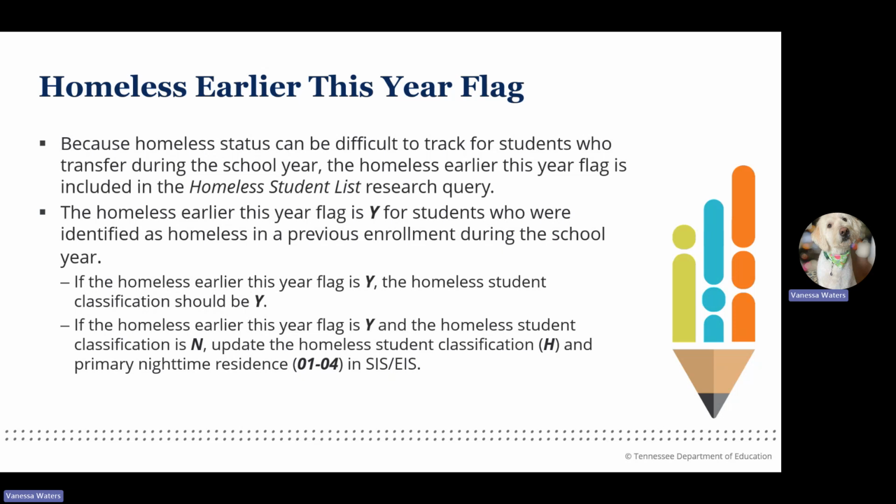If the homeless earlier this year flag is Y, the homeless student classification should be Y. If the homeless earlier this year flag is Y and the homeless student classification is N, update the homeless student classification H, primary nighttime resident 01 through 04, and SIS EIS.